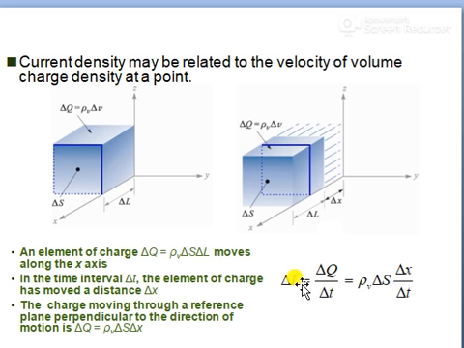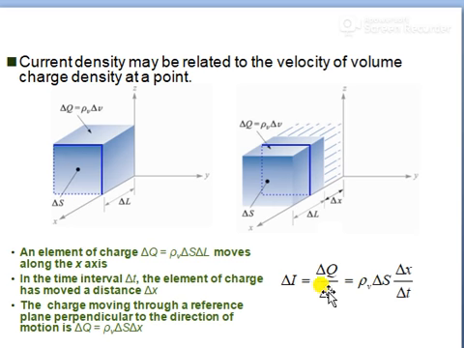Here del q is rho v into del v, and del I is nothing but del q by del t, where del q is rho v del s into del x.